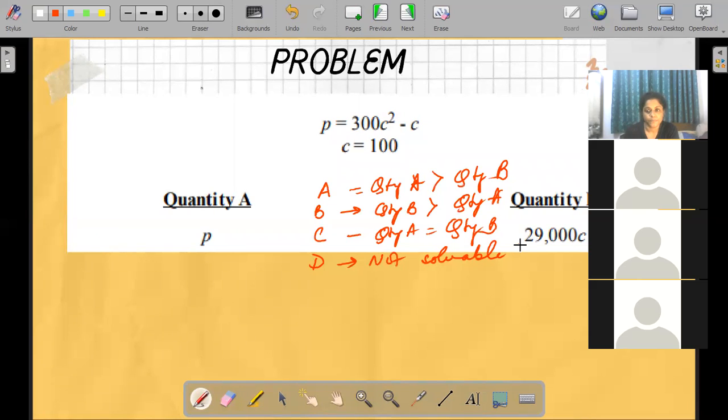Ma'am, A is greater than B. You're not supposed to say that. You're supposed to tell me which option, A, B, C, D. A. Okay, so Aarti says A. Let's see Shraddha and Pragati. Ma'am, B. Pragati says B. Shraddha?